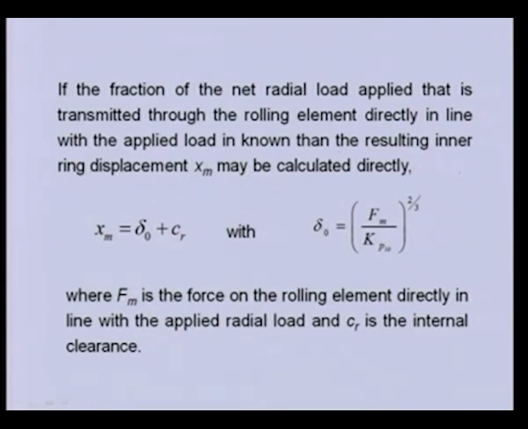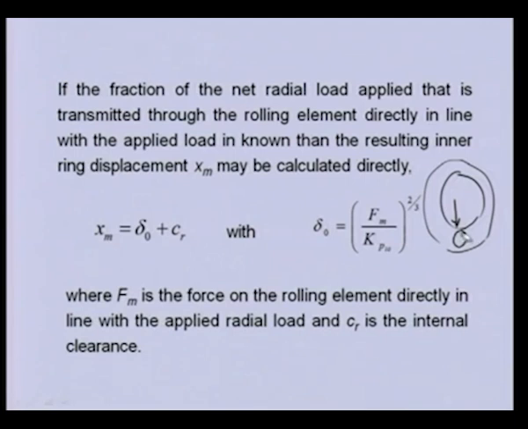So, we have this is the bearing, inner ring, and let us say this is the rolling element which is here. So, if you are applying a radial load onto the inner ring, and this particular roller or ball which is just below this particular radial load.